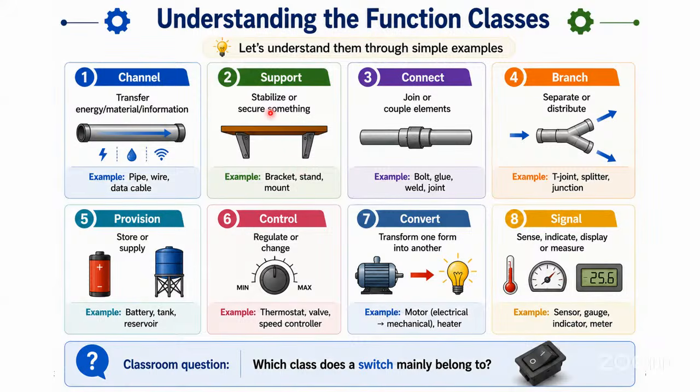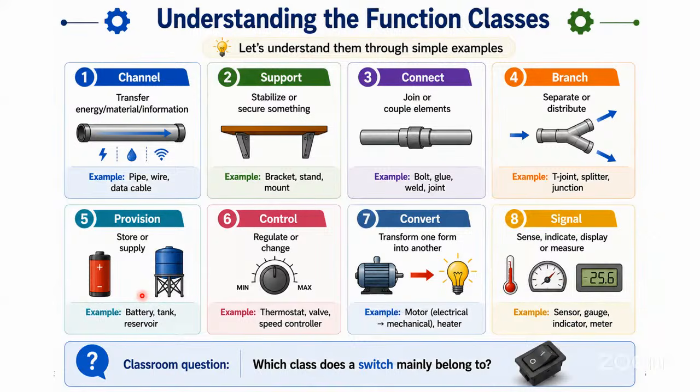Next function is support, that is, it provides a foundation or support for the design. Then we have connect. For example, you have joins, it is for connecting two separate entities in a product. Then we have branch, it is for distributing or separating into two. Then we have provision. Provision is like you store or supply something.